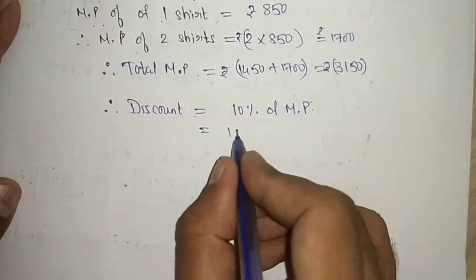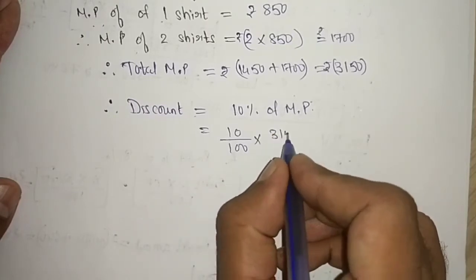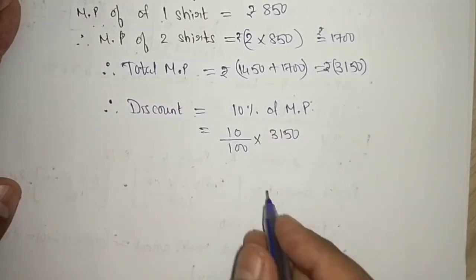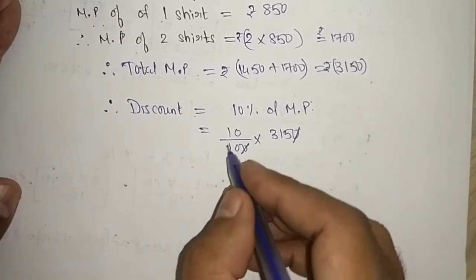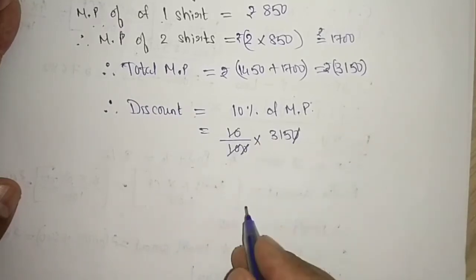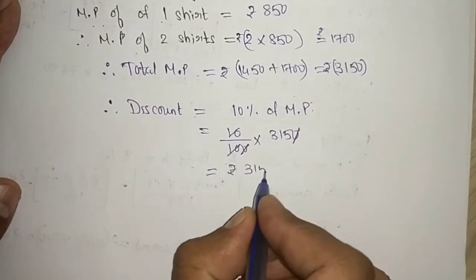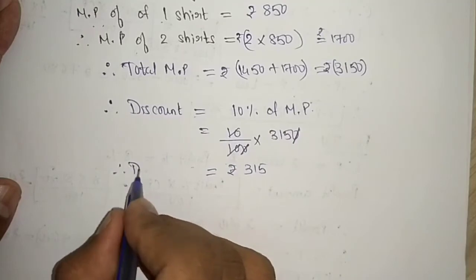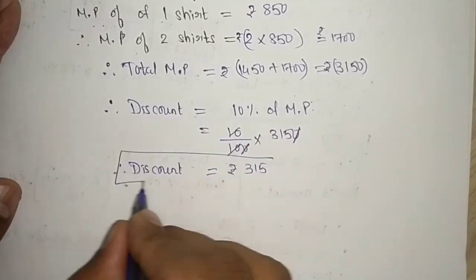So 10% can be written as 10 divided by 100 multiplied by 3150. The 0 will cancel out. 10 ones are 10, ones are 10, will cancel out. So the discount is rupees 315. Therefore discount is equal to rupees 315.